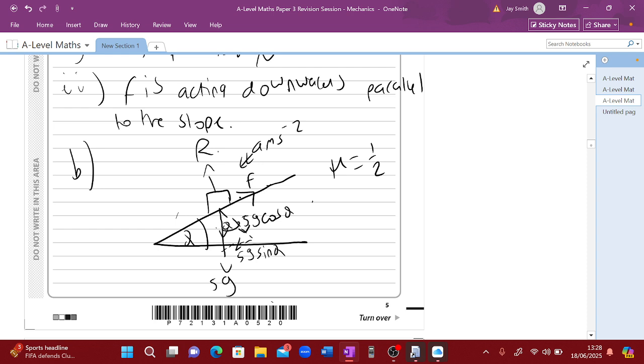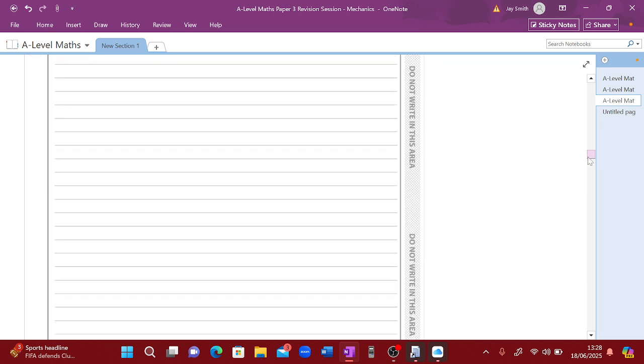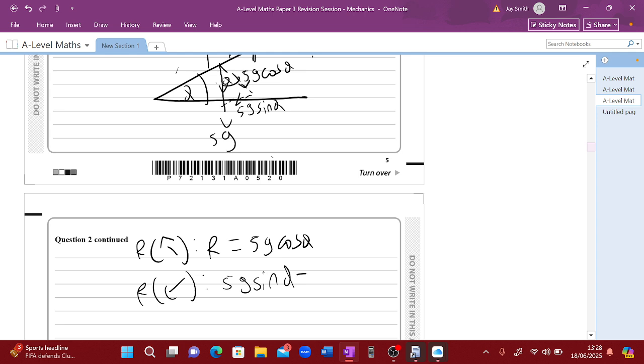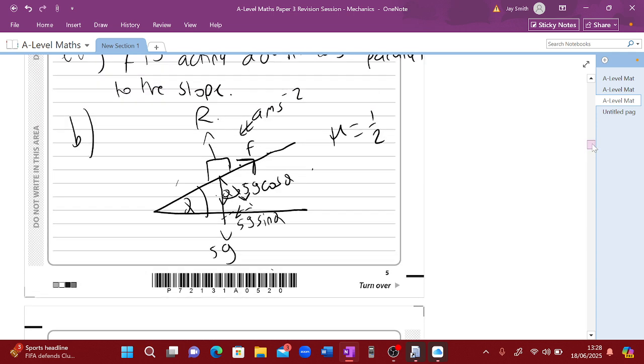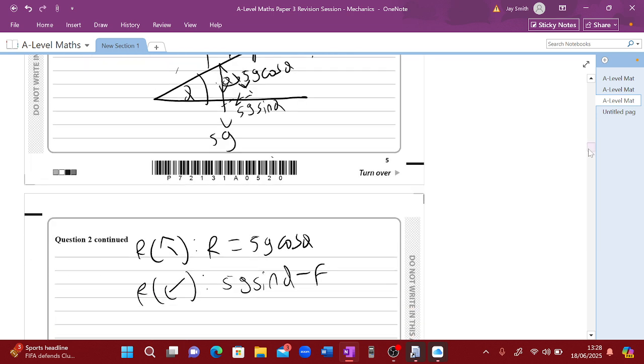So it's 5g sine alpha, and then F goes the other way around, so it's minus F of friction, and that's all our forces. This will not equal F, it gives a resultant force, and this resultant force will equal ma. We know m is 5, so it's 5 lots of a, the acceleration.